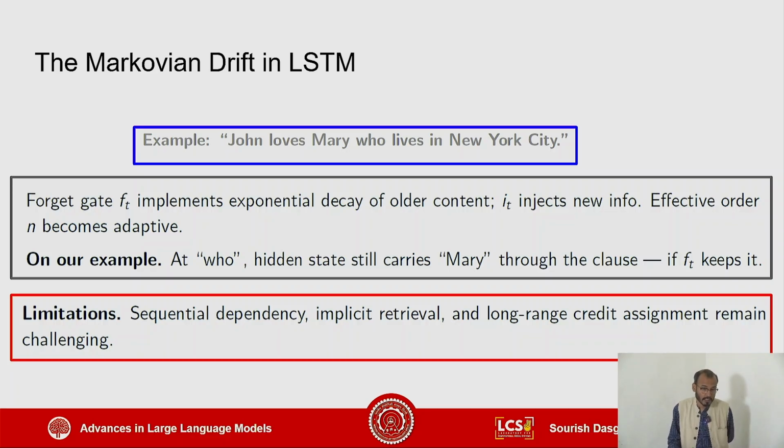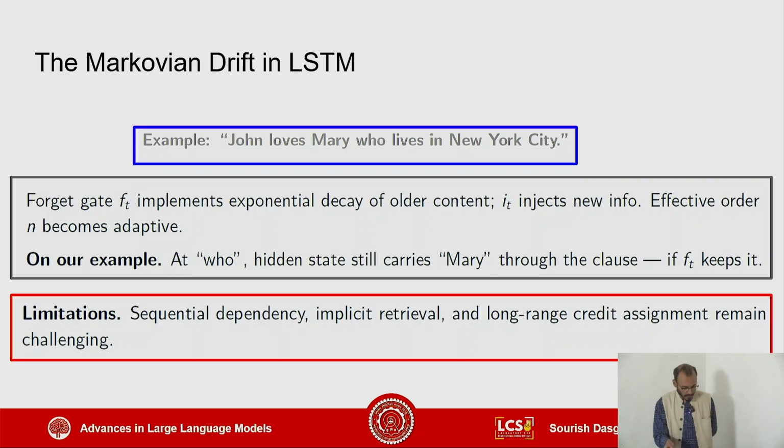If f_t, which is the forget gate at that time step, decides to keep that information, and ideally it should, because Mary is important for who, because we need to know that who is actually Mary. So the information of Mary should come in and not be eliminated by the forget gate. That is an important thing to understand.